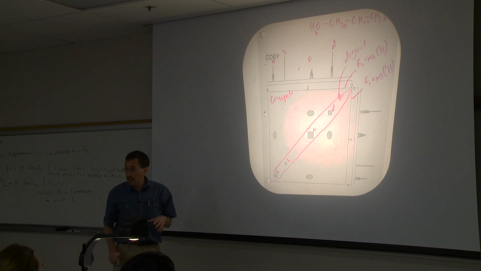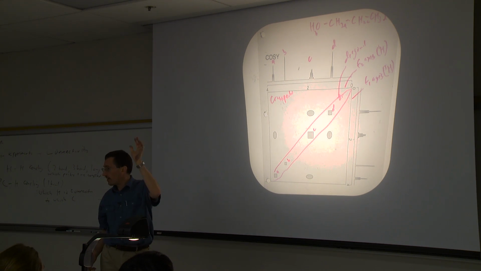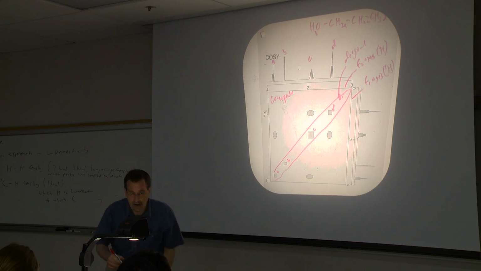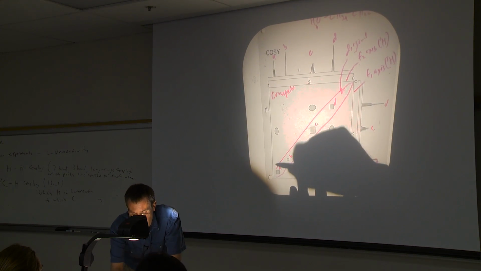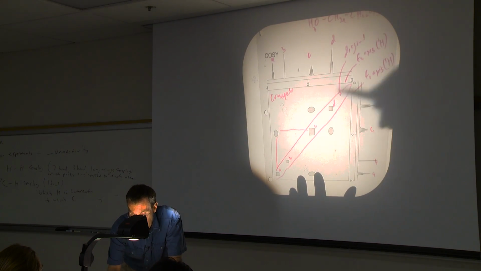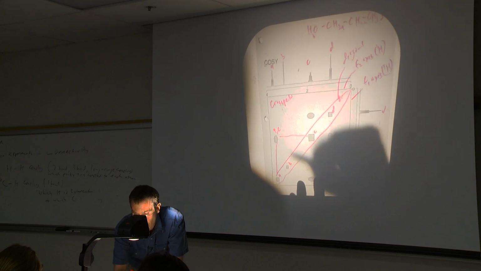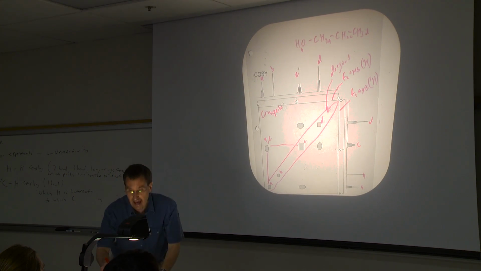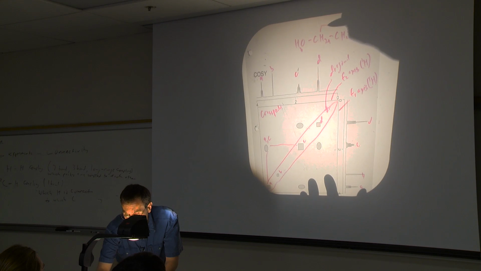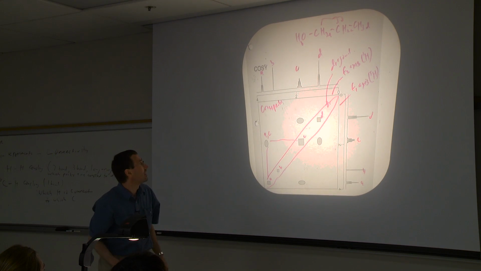And it's kind of like, anyone play the game Battleship? Okay, you know, where you do a crisscross, right? So if I look at our A, B, C, D here, this cross peak is A to C. And that's telling us that our methylene is coupled to the other methylene.